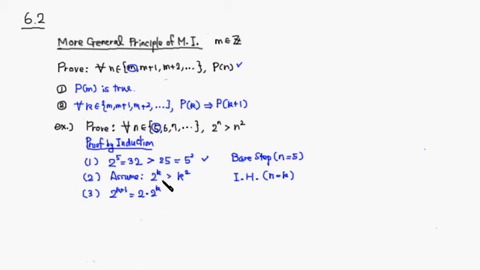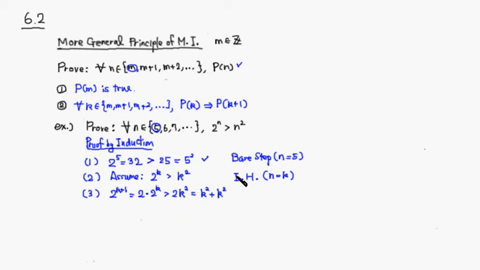By the induction hypothesis, we know that 2 to the k is strictly greater than k squared, so this is greater than 2k squared. Then 2k squared can be written as k squared plus k squared.